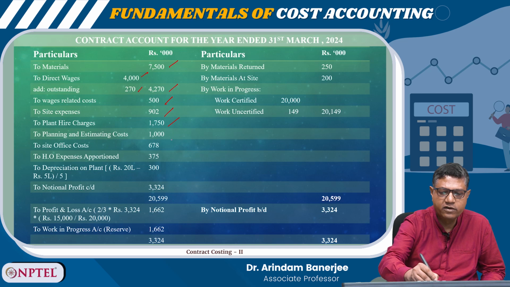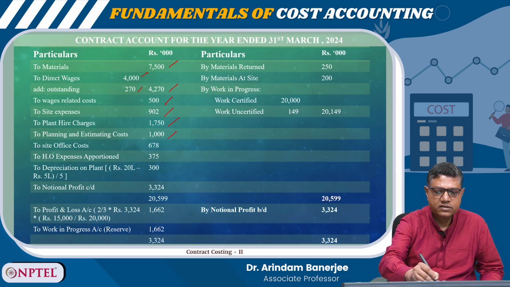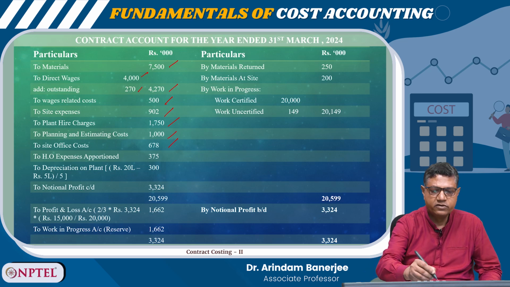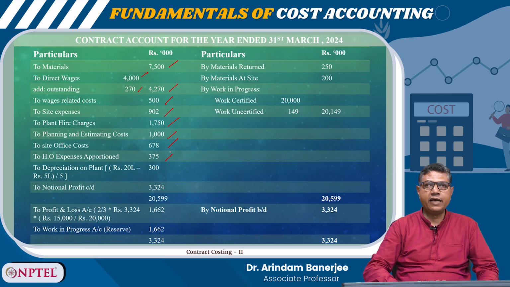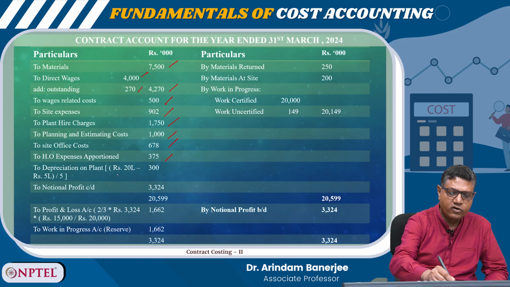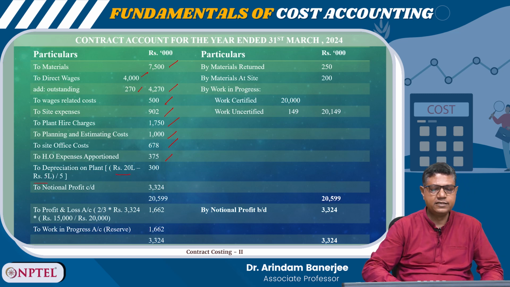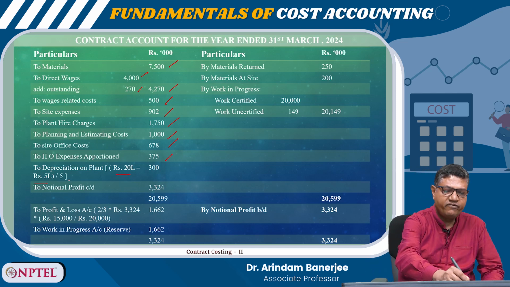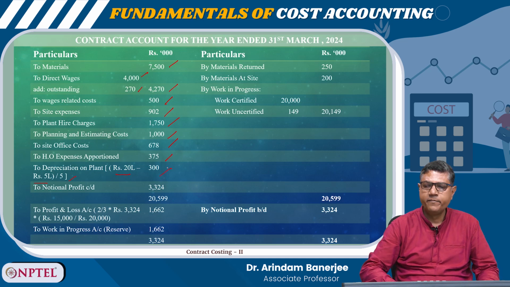Planning and estimating costs 1,000. Site office costs 678, head office expenses apportioned 375. Depreciation we can calculate: 20 lakh was the original cost and 5 lakh is the residual value. So it is 15 lakh, and with the straight line method divided by 5 years, per year it is 300.